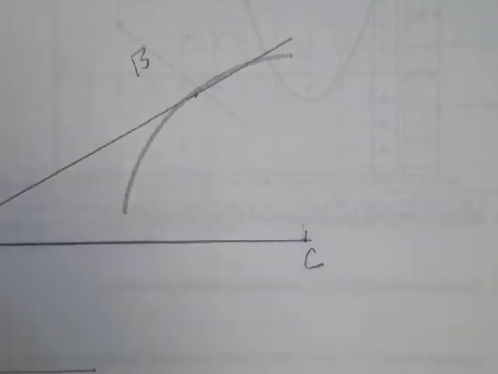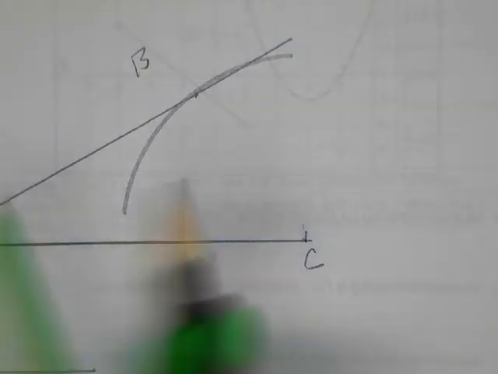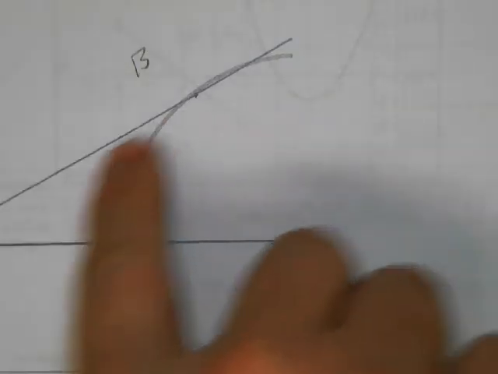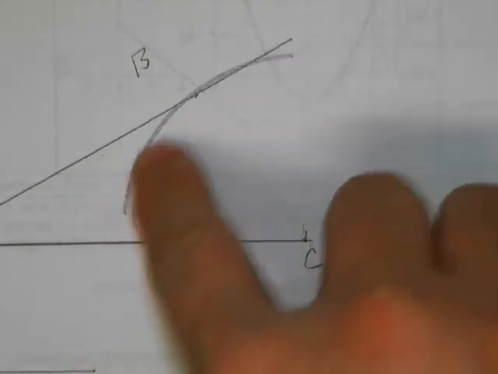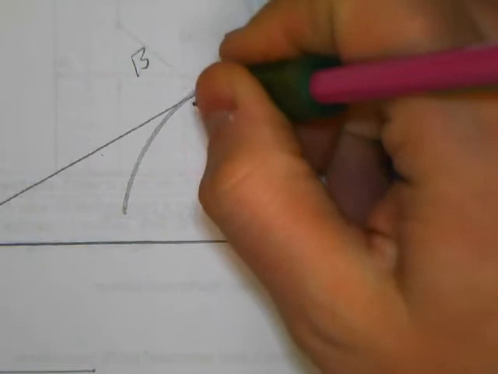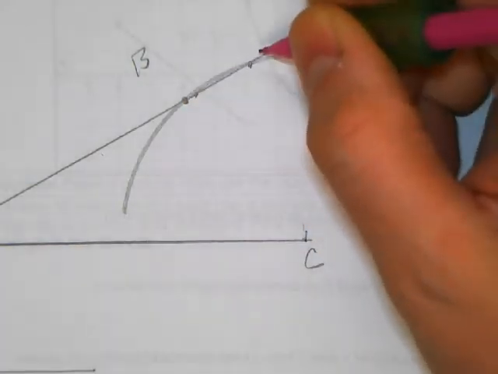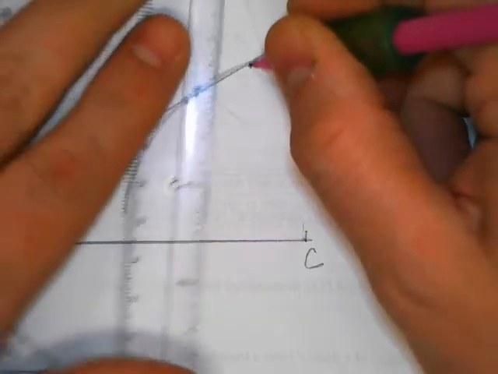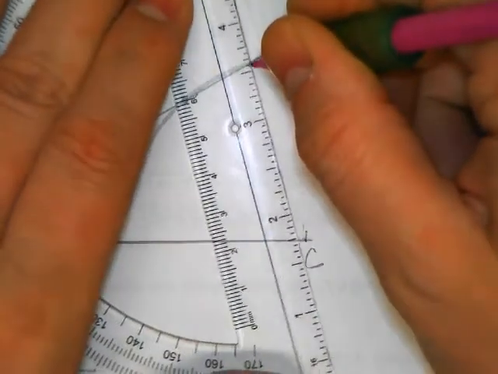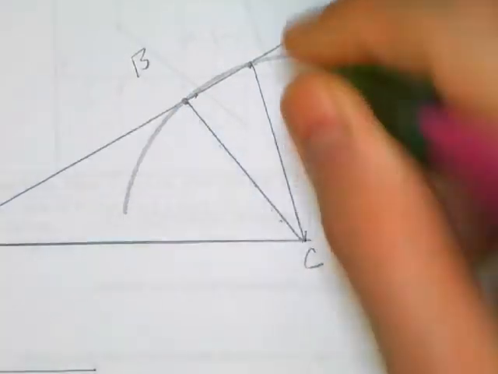If my pencil was properly sharpened, the gap between this line and this arc would be easier to see. What I'm getting is an intersection here, and an intersection here, where both of those segments are the same length.